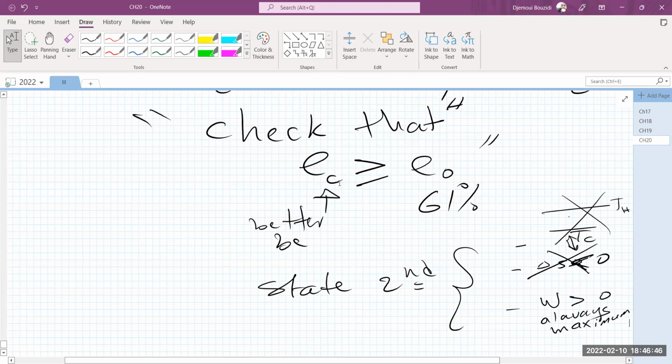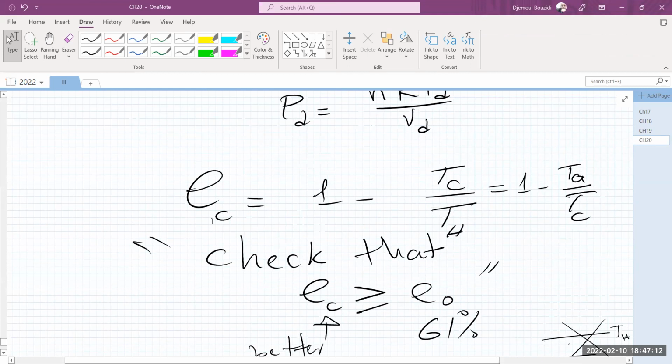So the efficiency of the Carnot can be 62%, 63%, I don't care. 99%, I don't care, as long as you find it more than 61%, 61.1%. That's what we found for this VW Passat. We want to make sure, had it operated using Carnot cycle, that its efficiency should be higher.